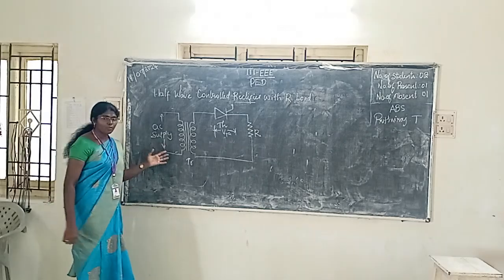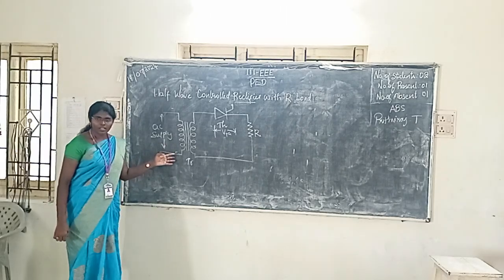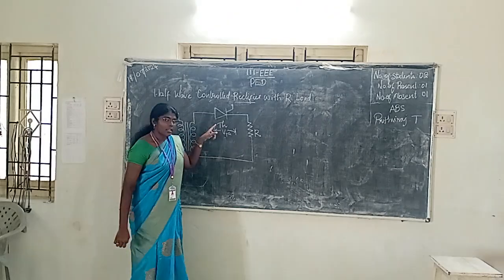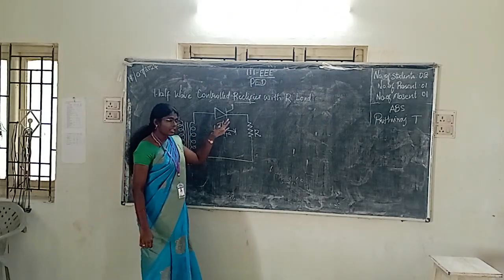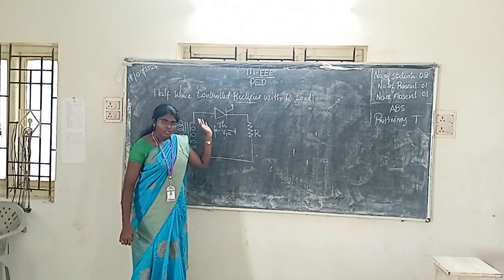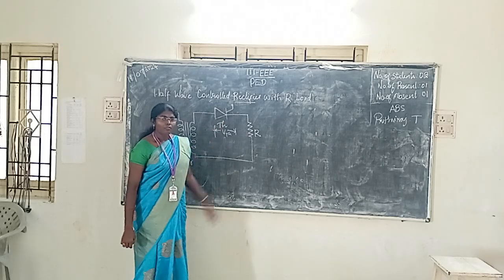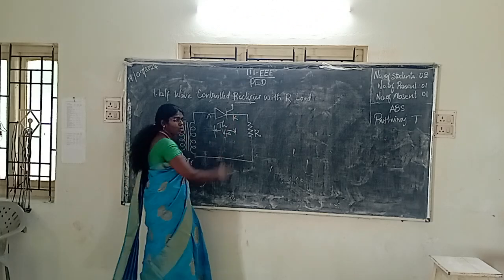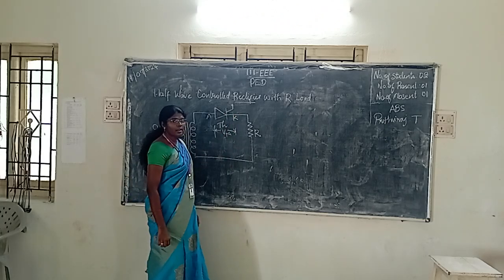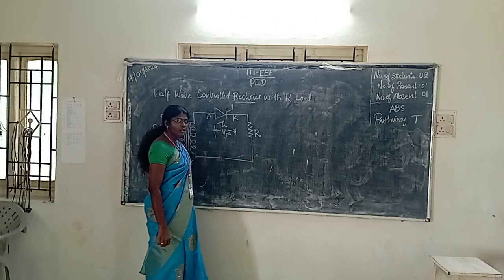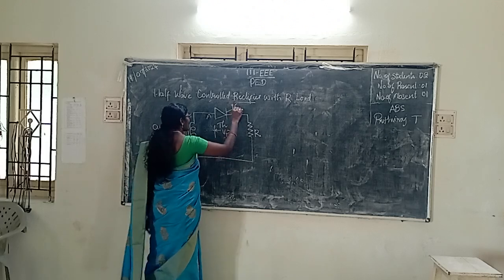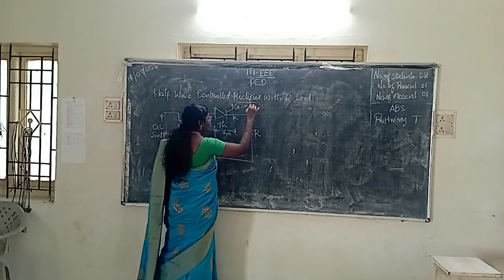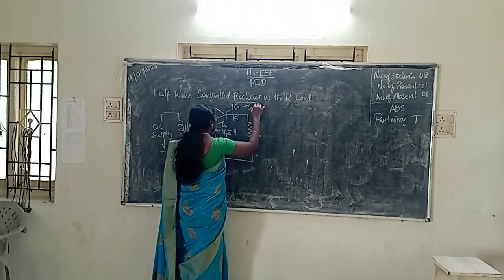How will it be working now? Whenever I give the AC supply, it will flow through the thyristor. The thyristor will conduct during forward bias. To the gate terminal, we will give the gate signal.